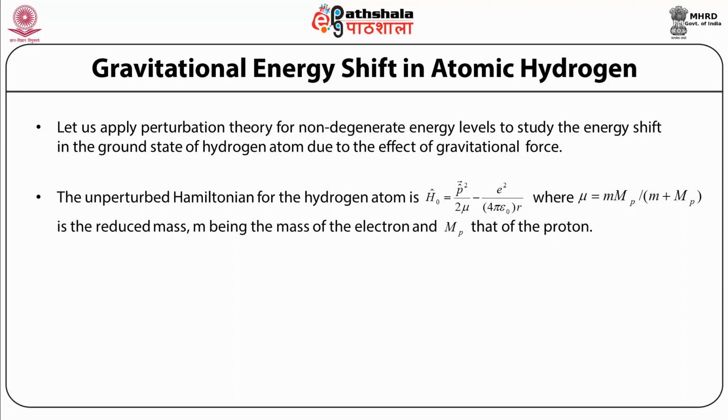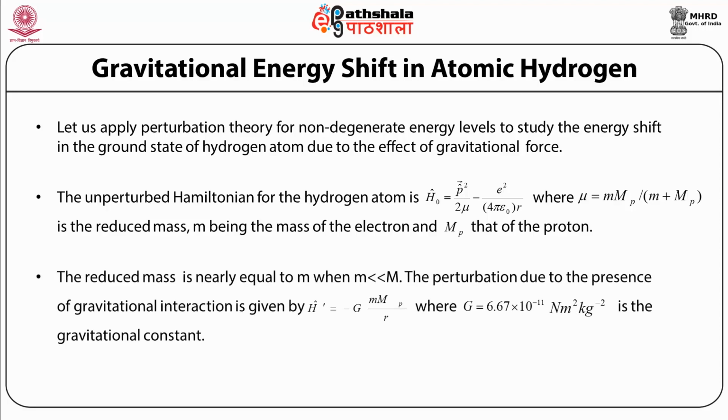The unperturbed Hamiltonian for the hydrogen atom is H0 equals p square by 2 mu minus e square by 4 pi epsilon 0 r, where mu equals m into capital MP by (small m plus capital MP) is the reduced mass, m being the mass of the electron and MP that of the proton. The reduced mass is nearly equal to small m when small m is much less than capital MP.